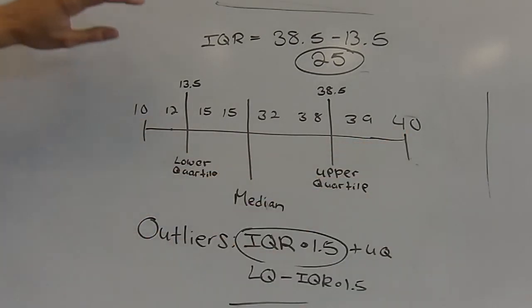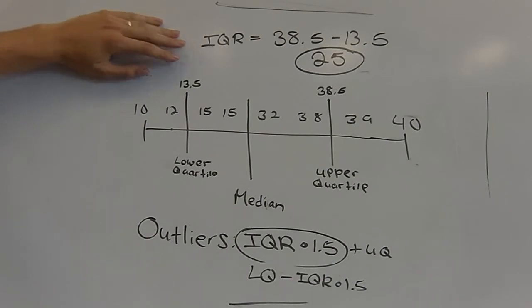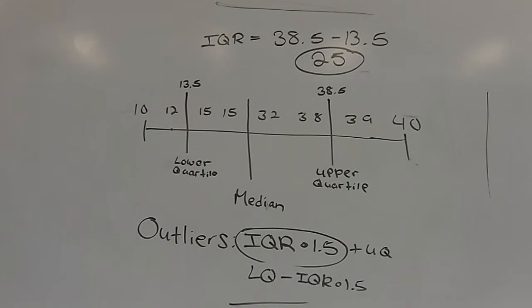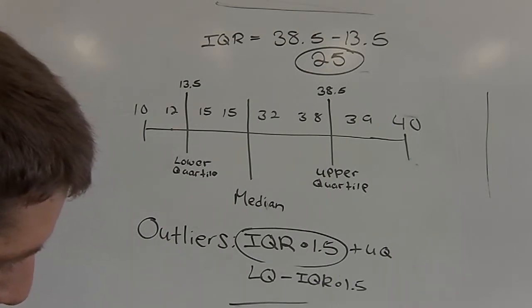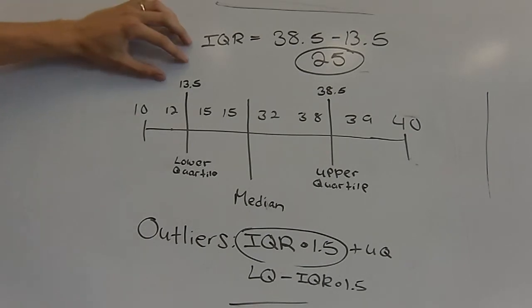I would then take a look at the lower quartile. I would take the lower quartile and I would subtract the 37.5 from it. Take away the 13.5, so we do 12.5, and we're down to 25. This one was 24. So negative 24.